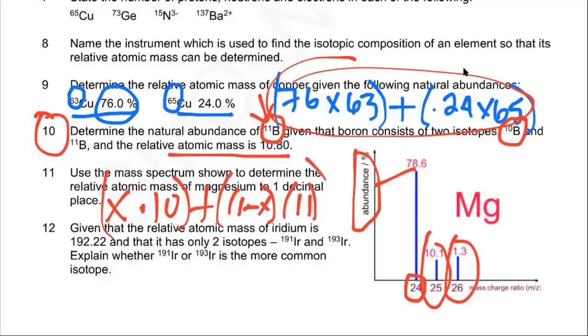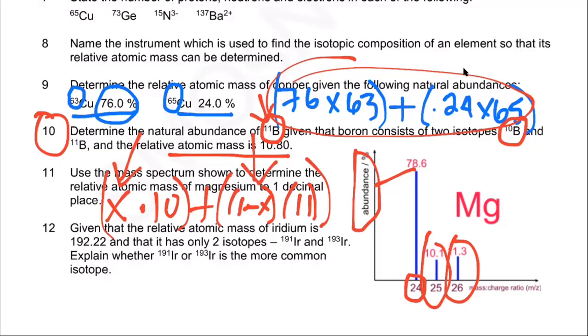And the reason I can do that is because I'm talking about a percent or a natural abundance, I know that both of these isotopes have to add up to 100%. And in decimal form, that means they have to add up to 1. So if I pretend one of them is X, then the other one, its percent or its amount has to be 1 minus X. And so by doing that, then it's just algebra.